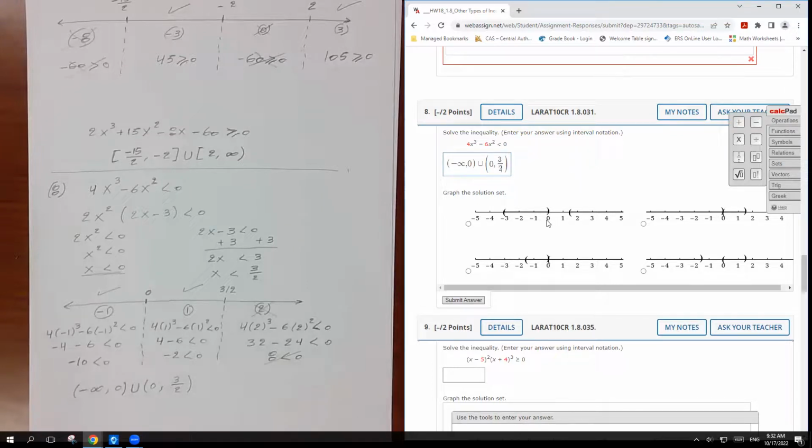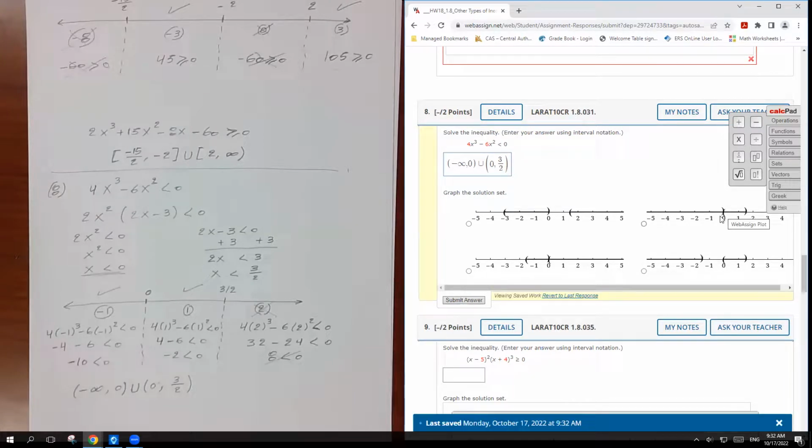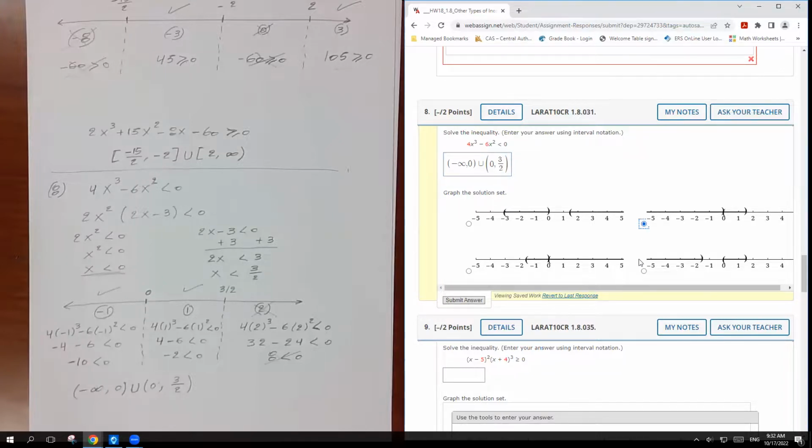And which one is going to be the right one? From -infinity to 0. So this is from -infinity, and this is the 0. And it says from 0 to 3/2, which is 1.5. So this is the right one. Submit. That's it.